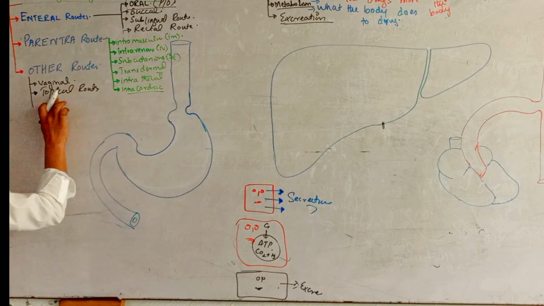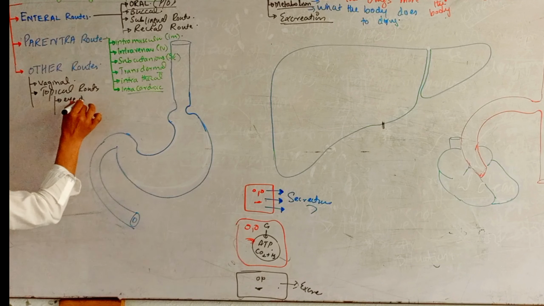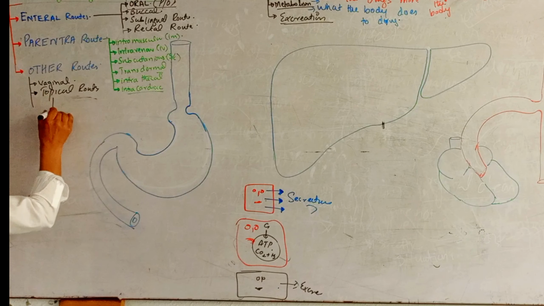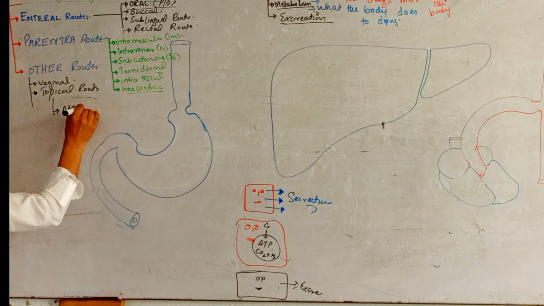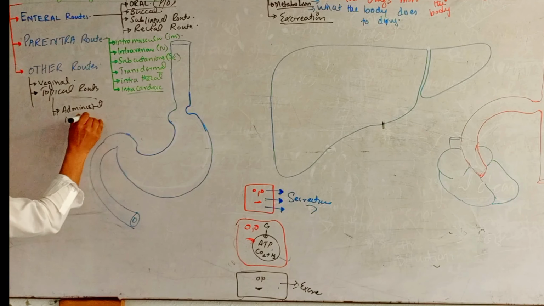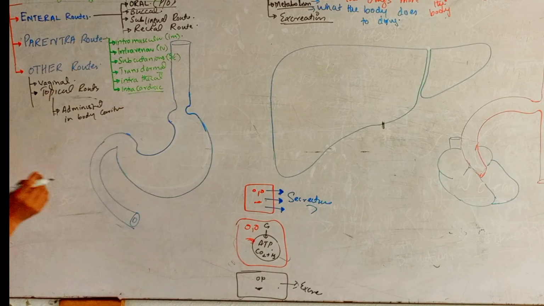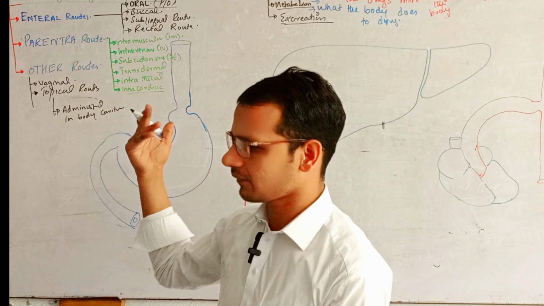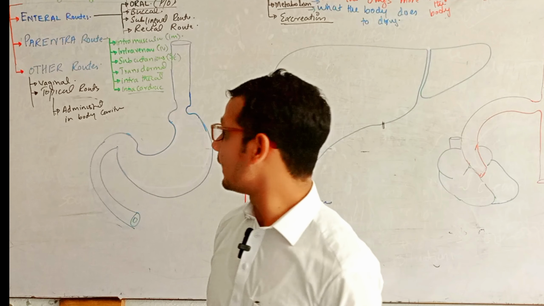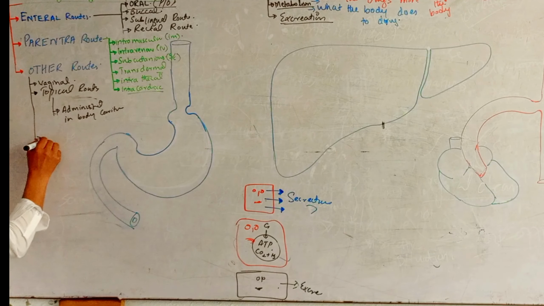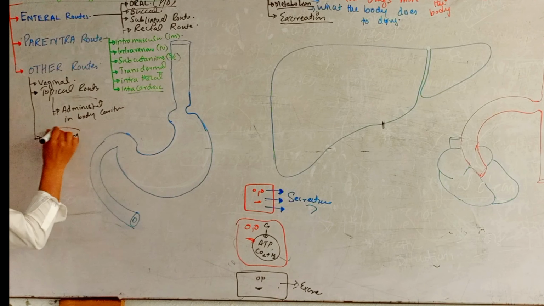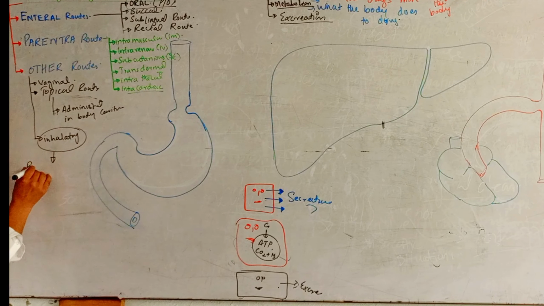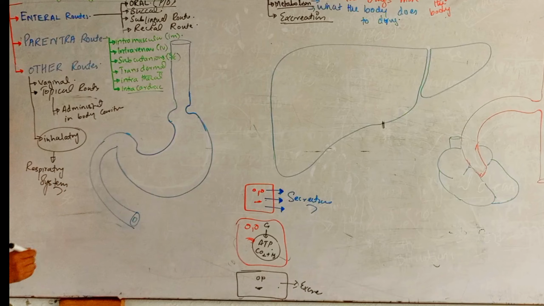We can also say administration in body cavities like the eyes, ears, etc. And when we apply creams or ointments directly to the skin, this is called topical or other routes. Then the inhalatory route, which is used for the respiratory system, for example ammonia.